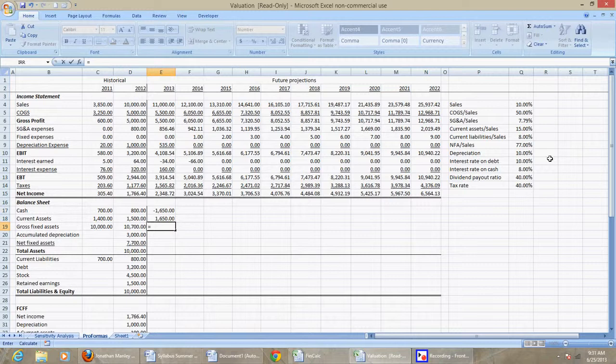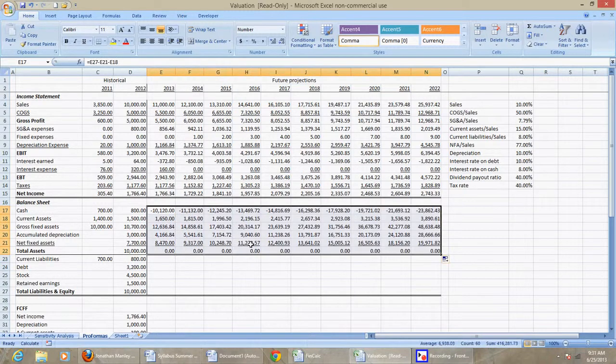Gross fixed assets are accumulated depreciation plus net. Accumulated depreciation is last year's accumulated plus the depreciation expense. Net fixed assets are percent of sales. Total assets are going to be net plus current plus cash. Okay, I have that side of the balance sheet.